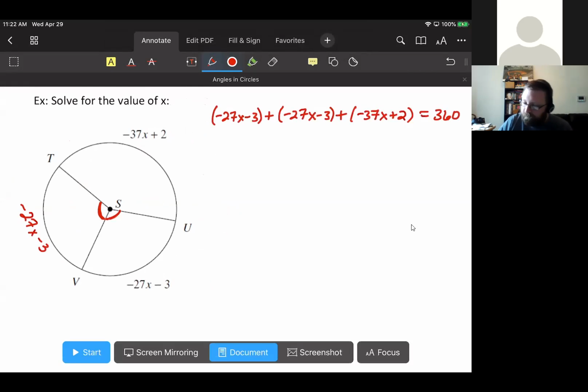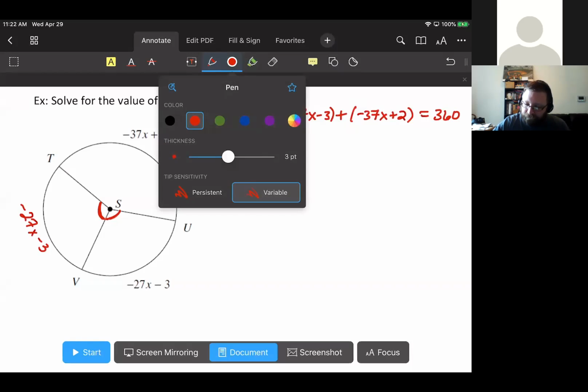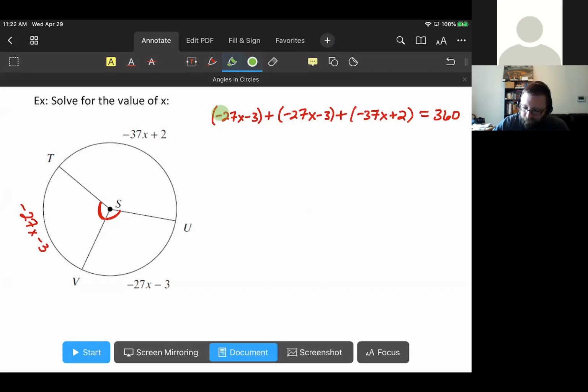to 360 degrees. So we're going to add our like terms. We've got 3 x terms to add together. Negative 27 plus negative 27 plus negative 37 is negative 91x.